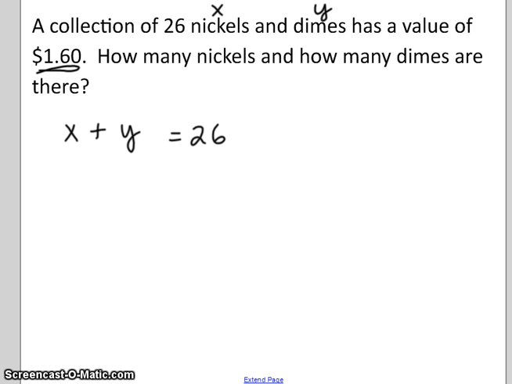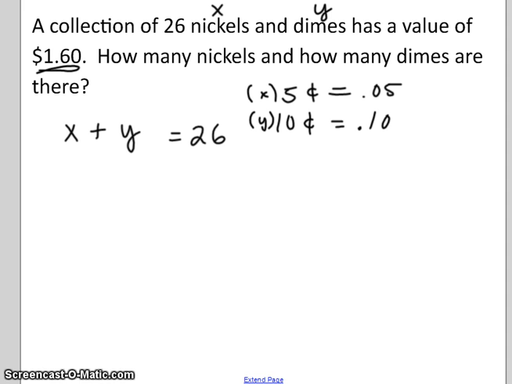How much is a nickel? A nickel is 5 cents, and if we write 5 cents out mathematically, it is 0.05. Same with dimes. The dime is 10 cents. This is X and this is Y. Written out, that's 0.10.